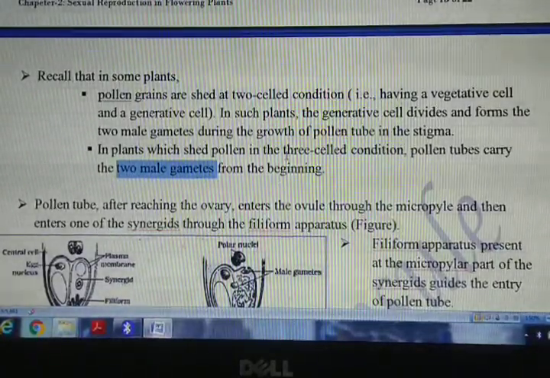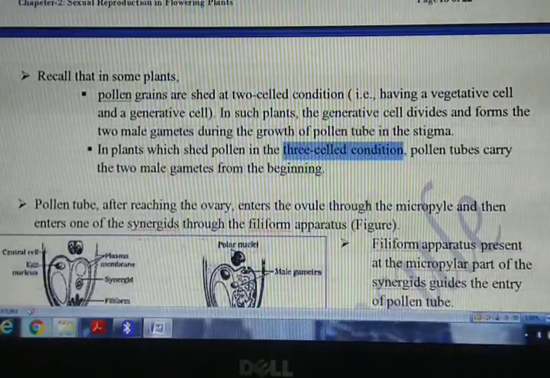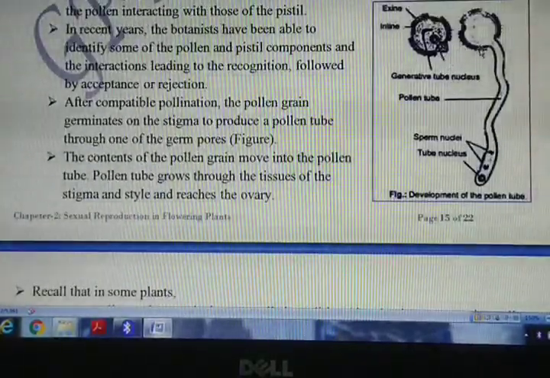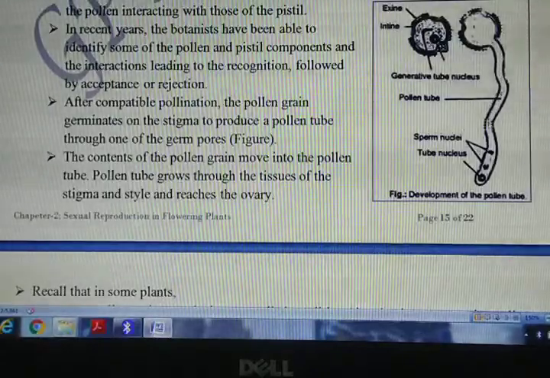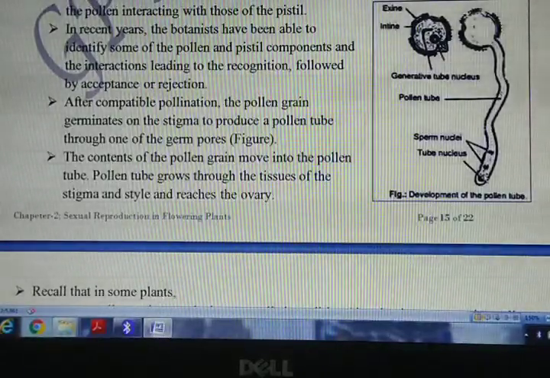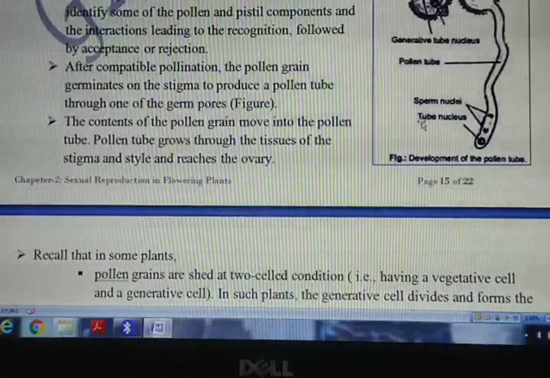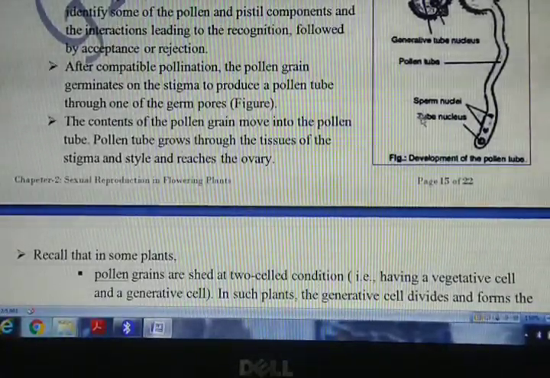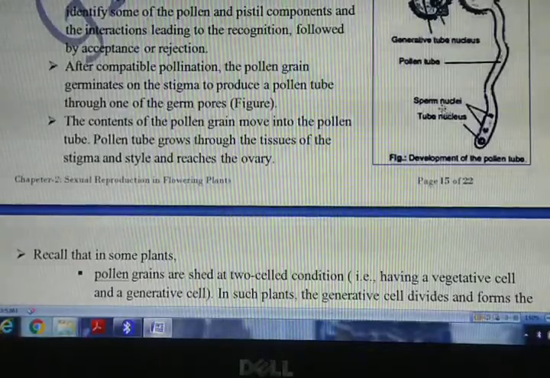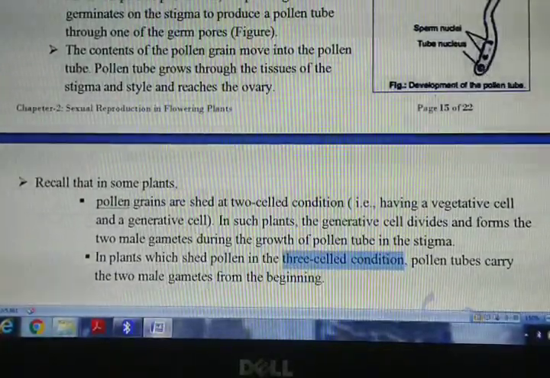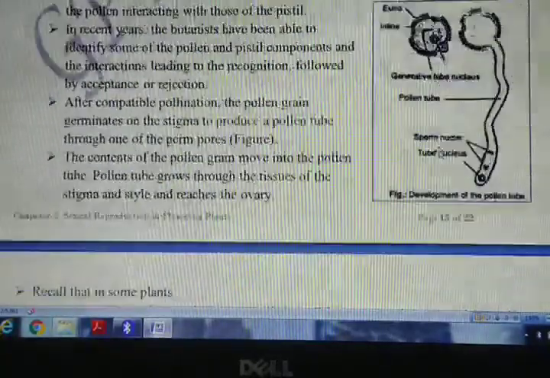So that's why three cells are already present inside the pollen grain. As a result of germination of the pollen grain and growth of the pollen tube, these three cells, one vegetative and two sperm nuclei or male gametes, are going to move down towards the ovary.